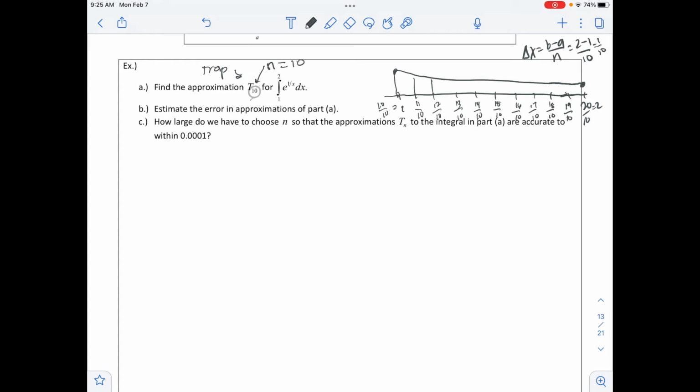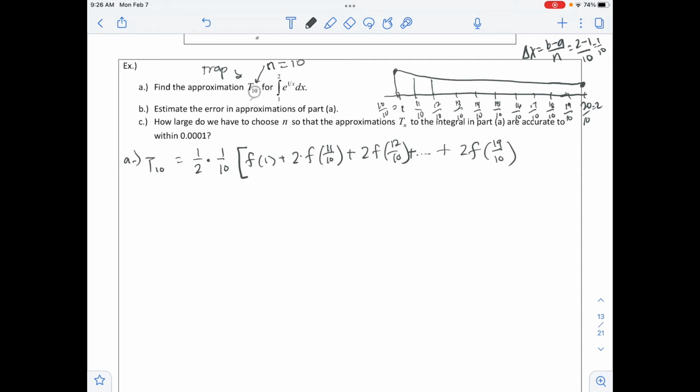To approximate this, I'll put down part A over here, I'm going to have T sub 10. The formula starts off with 1/2 times delta x, and delta x we just calculated was 1 over 10, times f of our starting value, f of 1, plus 2 times f of x sub 1, or 11 over 10, plus 2 times f of 12 over 10, plus dot dot dot, all the way through 2 times f of 19 over 10, plus f of 20 over 10, or f of 2.